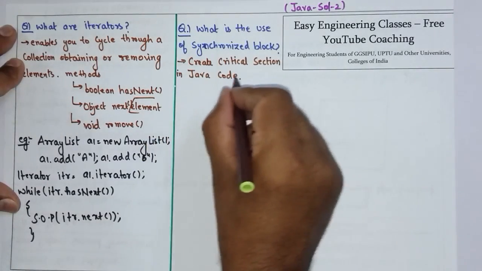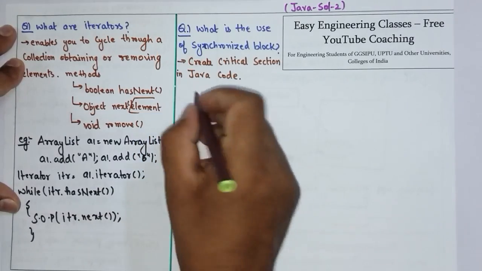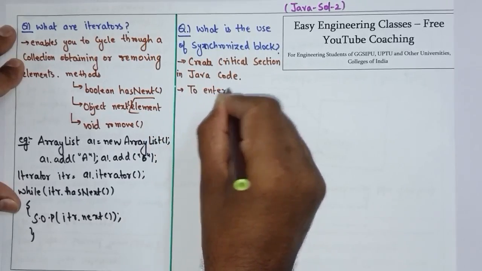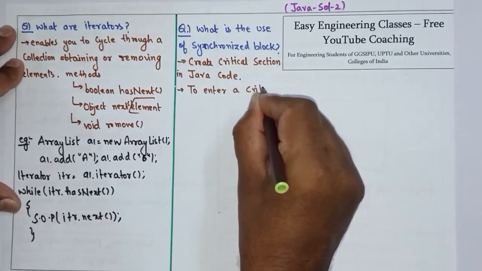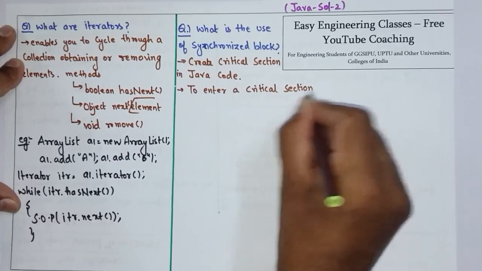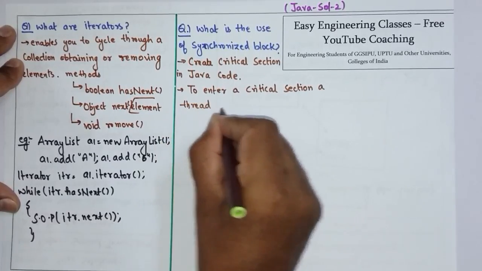And to enter that critical section, a thread needs to acquire a lock. So you can also write that to enter a critical section, a thread requires a lock.